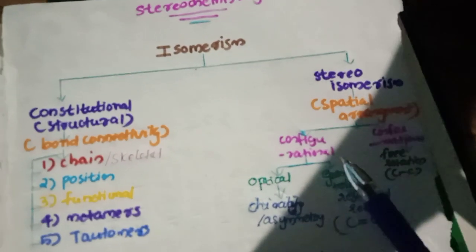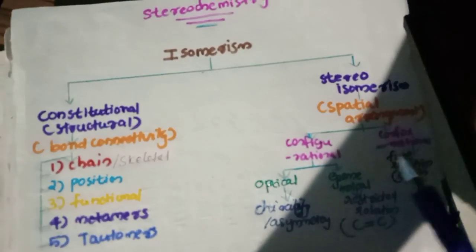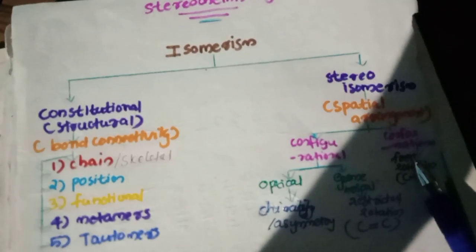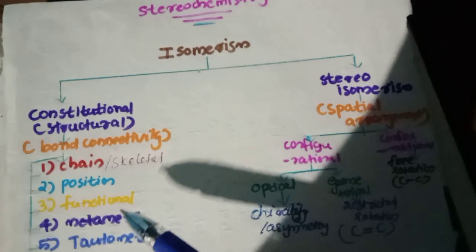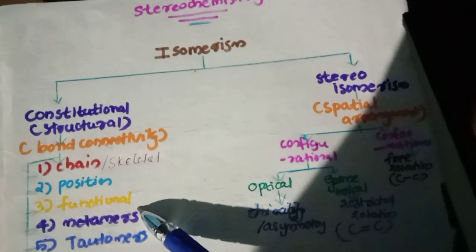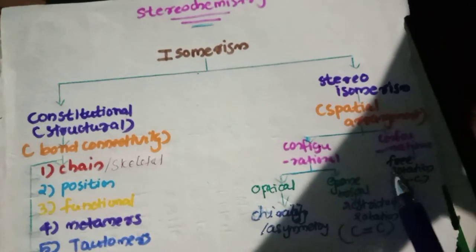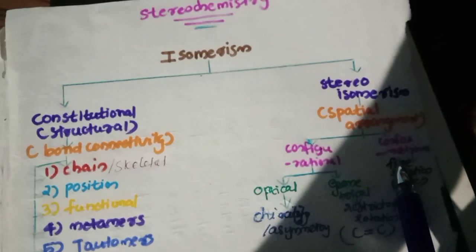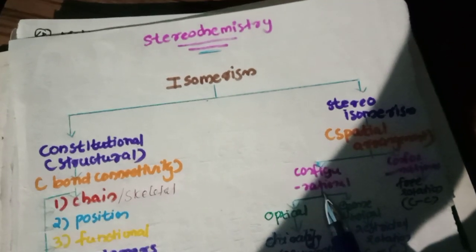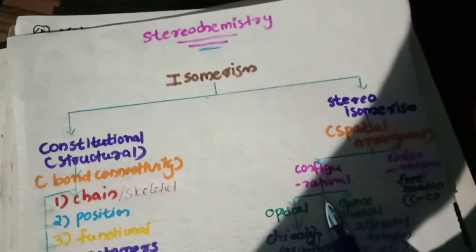Okay, we are going to discuss the conformational isomers secondly. In today's class we are discussing only constitutional or structural isomers. In the next class we will discuss conformational isomers, and in the third class we will discuss configurational isomers.